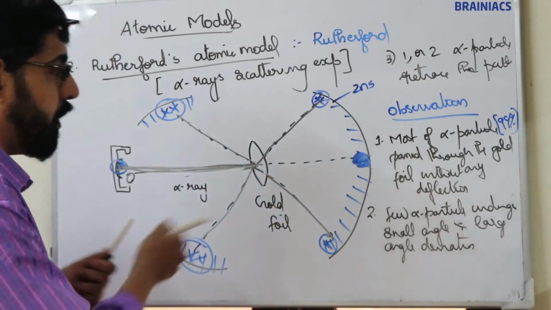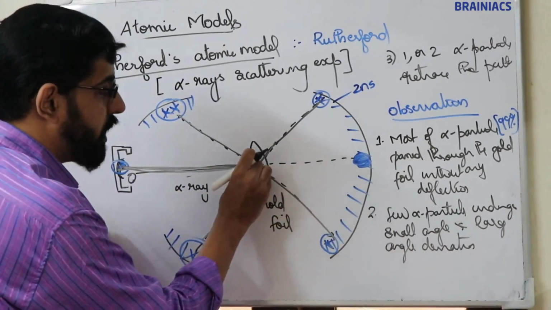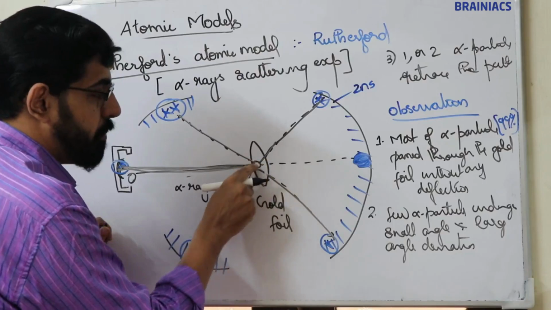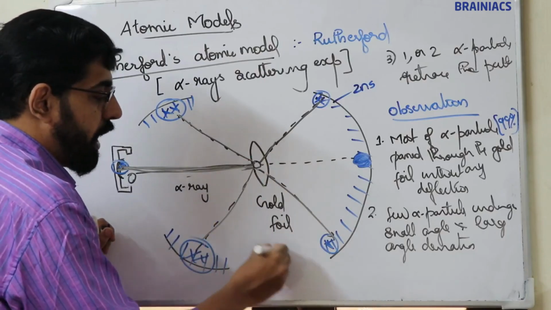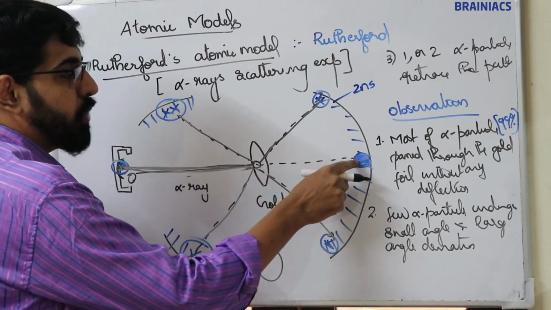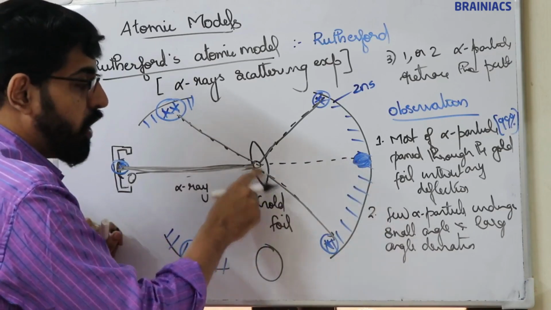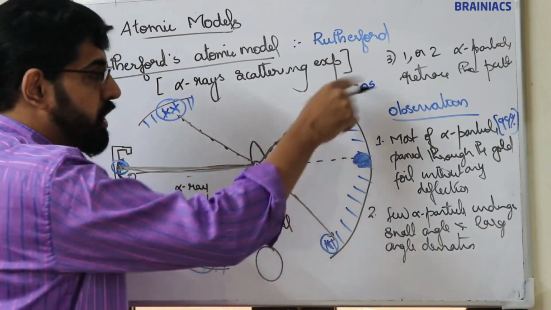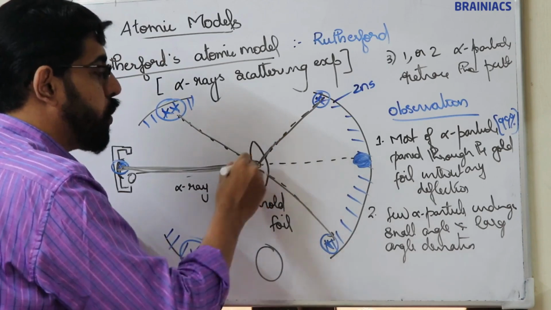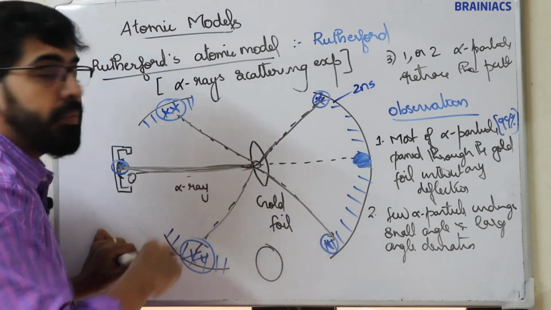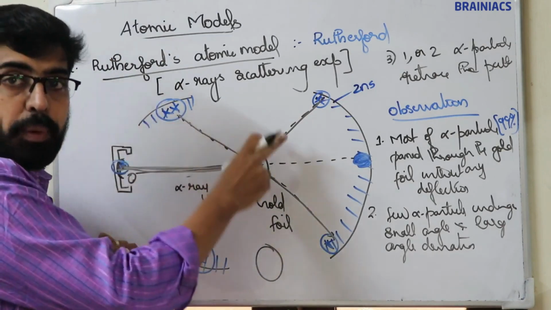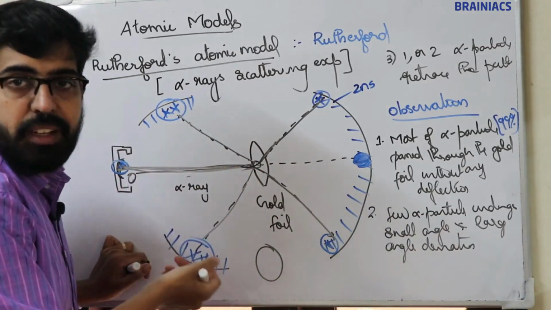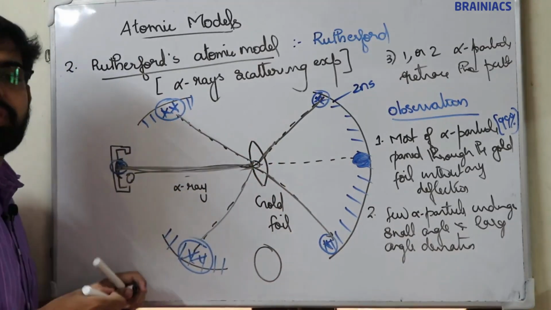Let this be the atom. The majority of the time he is getting scintillation here. One or two times, a few times, alpha particles are deflected to a small angle, a few times to a large angle, and one or two times they retrace the path.